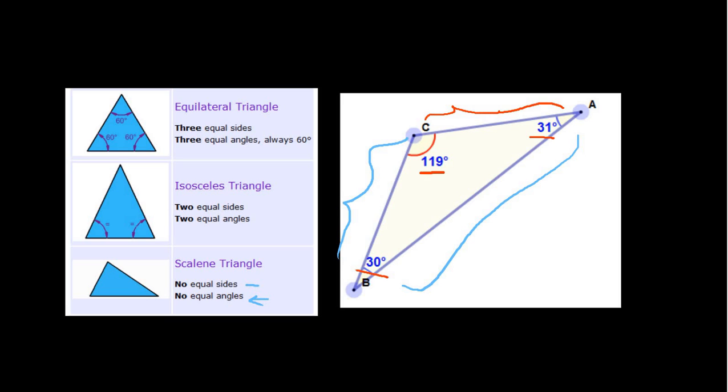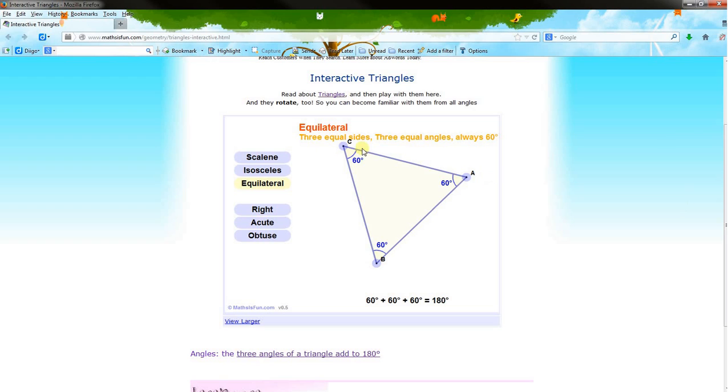Now we are going to look at an interactive example here. Can you notice that when we move this equilateral triangle around, okay, I'm just going to move one of the vertices, the angles always stay the same.